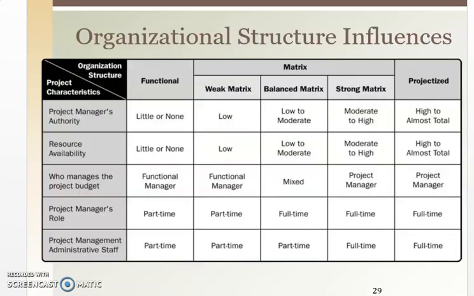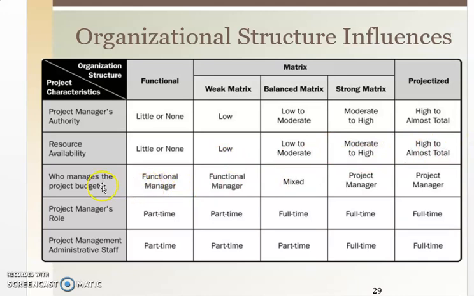Here there is a table which shows the differences between functional, matrix and project-based organizations. Project manager's authority: little or none in functional organization, low in weak matrix, then low to moderate, and high. Resource availability: little, low to moderate, high to almost total.